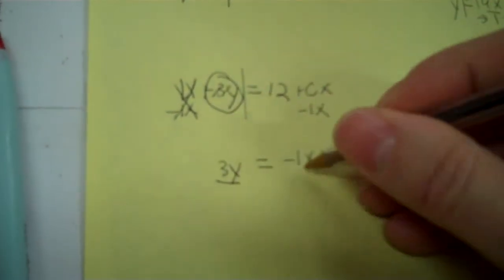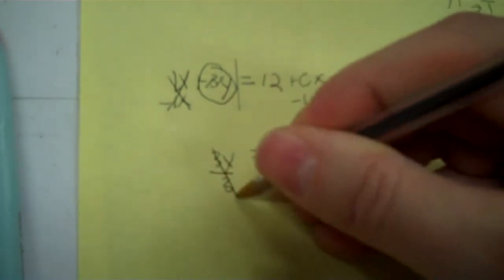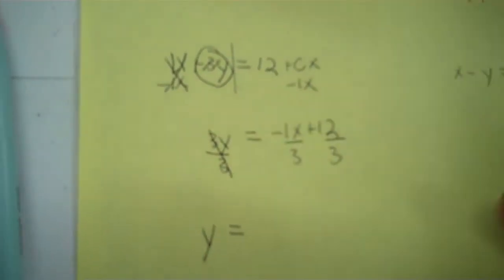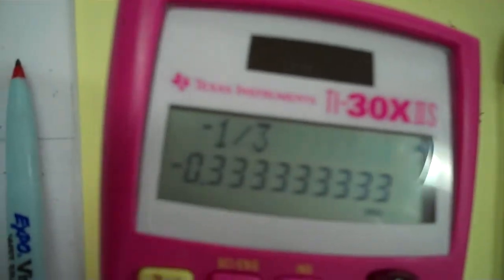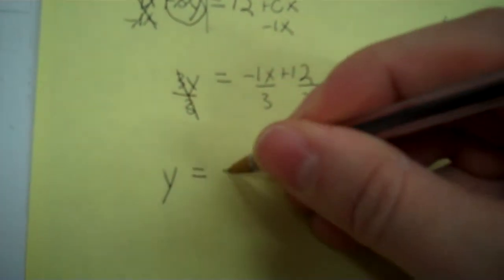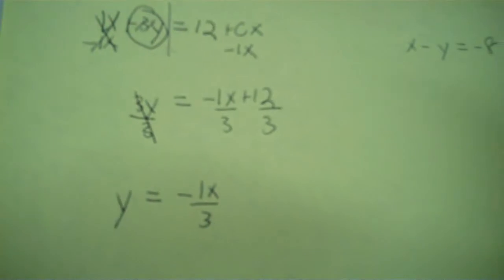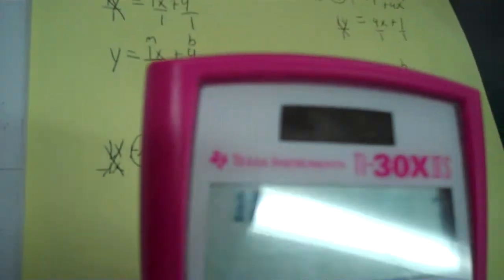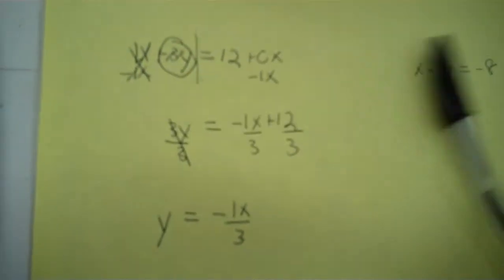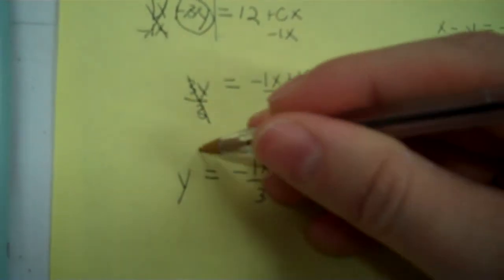Now I divide everything by my 3. I'm going to divide negative 1 by 3. I don't want to see decimals. If I get a decimal, what I'm going to do with it is just leave it negative 1x over 3, exactly like it is. And 12 divided by 3 is 4. So now I have my m and I have my b, because the y is now on one side by itself.